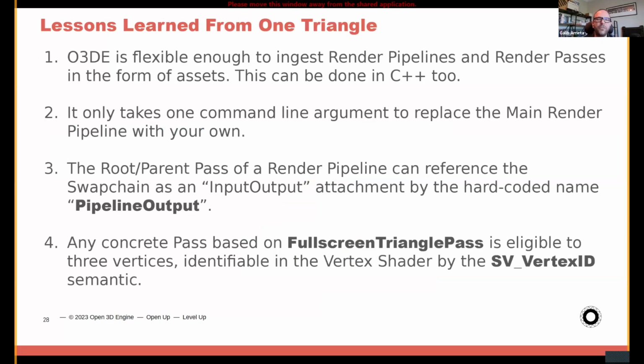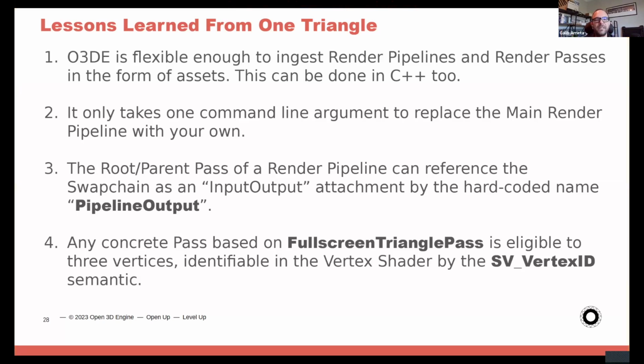So, lessons to learn from one triangle. We learned that O3DE is flexible enough to ingest render pipelines and render passes in the form of assets. This can be done in C++ too. It only takes one command line argument to replace the main render pipeline with your own pipeline.